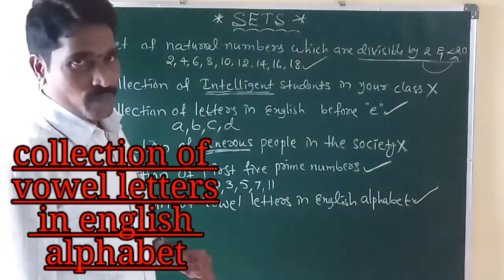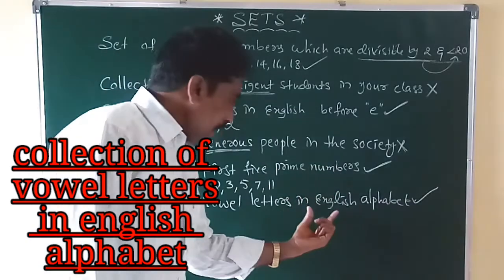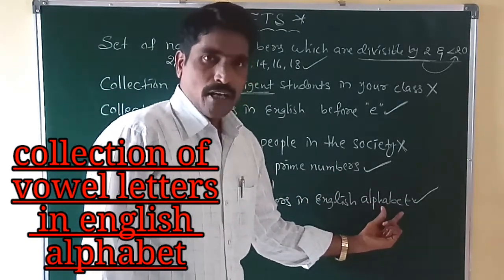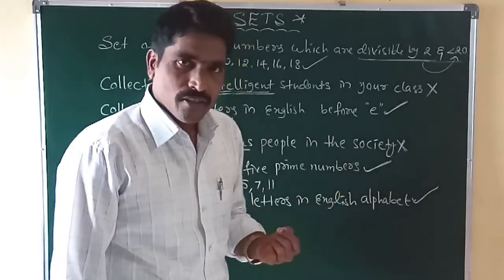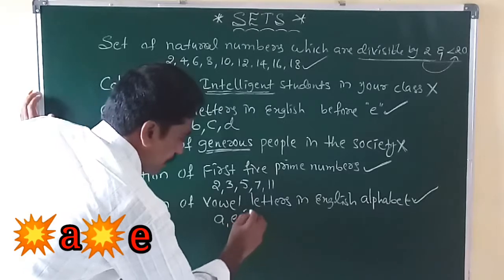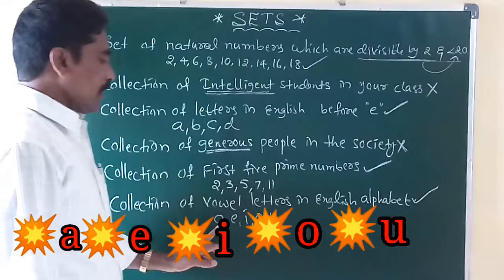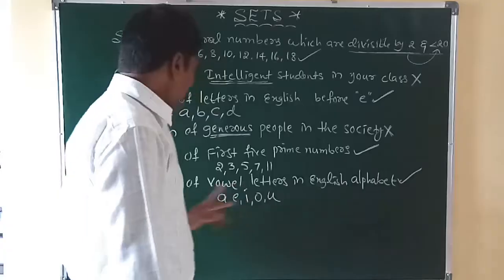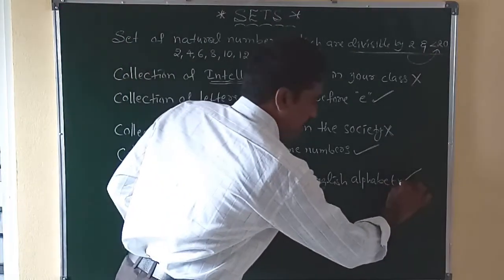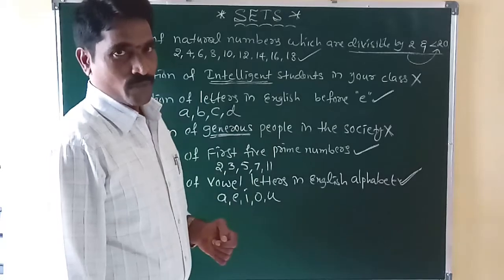We can list out the letters in the English alphabet which are vowels. What are the vowels in the English alphabet? Yes, A, E, I, O, U. These are the vowel letters in the English alphabet. The collection of vowel letters in the English alphabet is a well-defined collection of objects. So this can be a set.